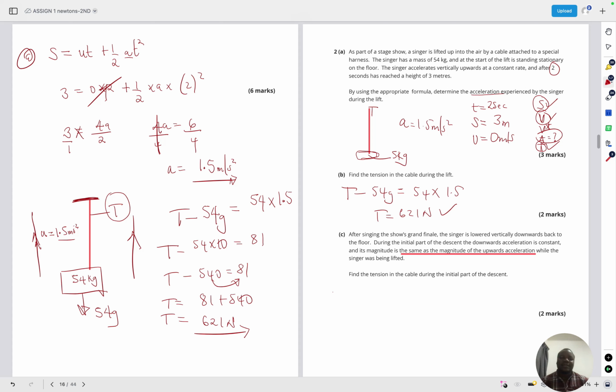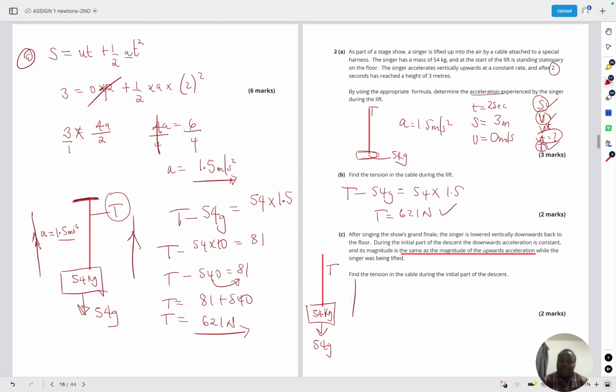So we know that in this scenario, this person is now coming down. That changes the game. This means the tension in the string is now not the bigger force. The weight of this person, who is 54 kg times g, which is 54g, is now bigger than the tension in the string.